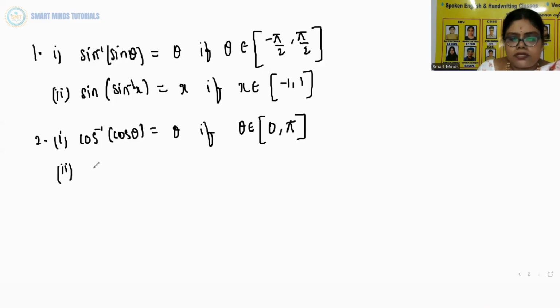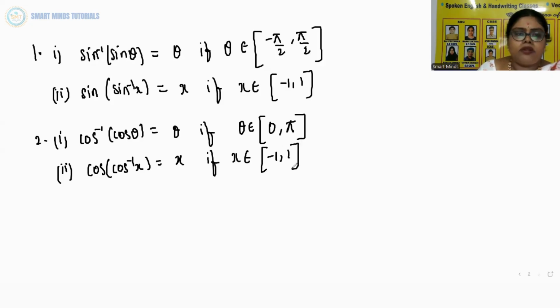Then the second bit is cos of cos inverse x is equal to x if x belongs to minus 1 comma 1. So cos of cos inverse x will become x if x lies in between minus 1 and 1, and cos inverse of cos x will become x if x lies in between 0 and pi. Pi is 180.